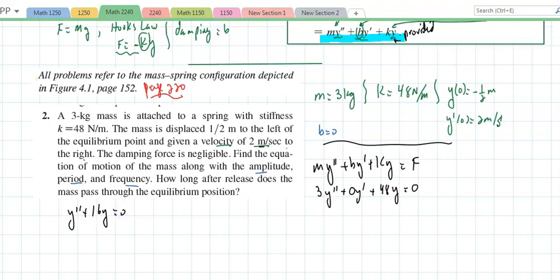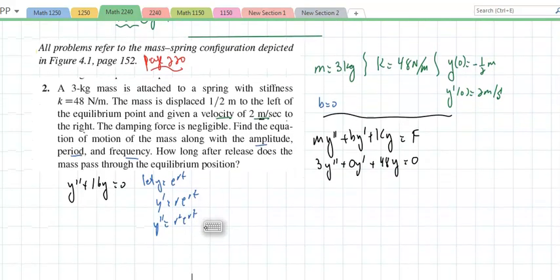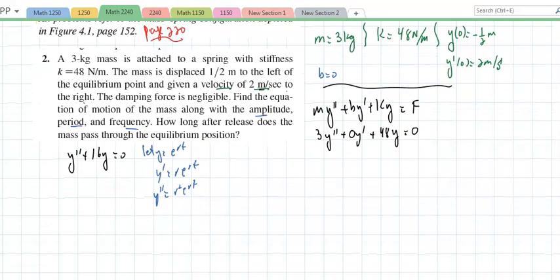This is a homogeneous second order linear differential equation with constant coefficients. You let y equal e to the rt be the solution. Y prime is r e to the rt, and y double prime is r squared e to the rt. Most books use x, and you have to find the mass. They don't give you the mass, they just give you the weight, but whatever works.